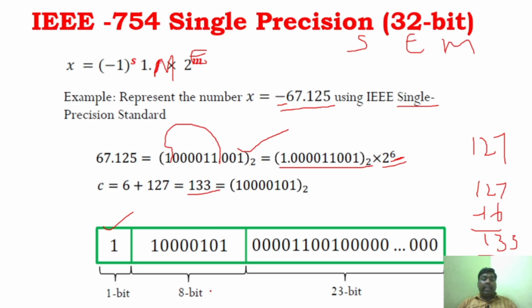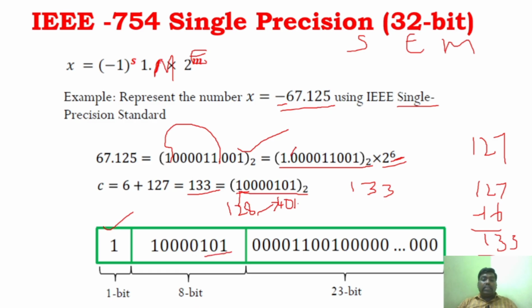This is 8 bits. The weights are 128, 64, 32, 16, 8, 4, 2, 1. So 128 plus 4 is 132, plus 1 is 133. So we can represent the exponent like this: 1, four zeros, 101.